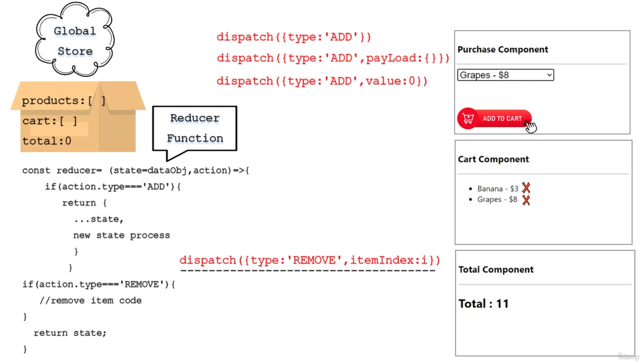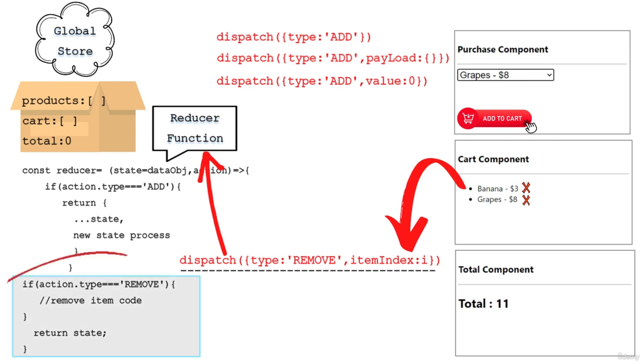On click of these buttons, the dispatch is returned. When you click any of these buttons, it's going to dispatch, and dispatch will call the reducer. This means you will be writing the process of removing the item from the cart. So this cart will be updated from this component.